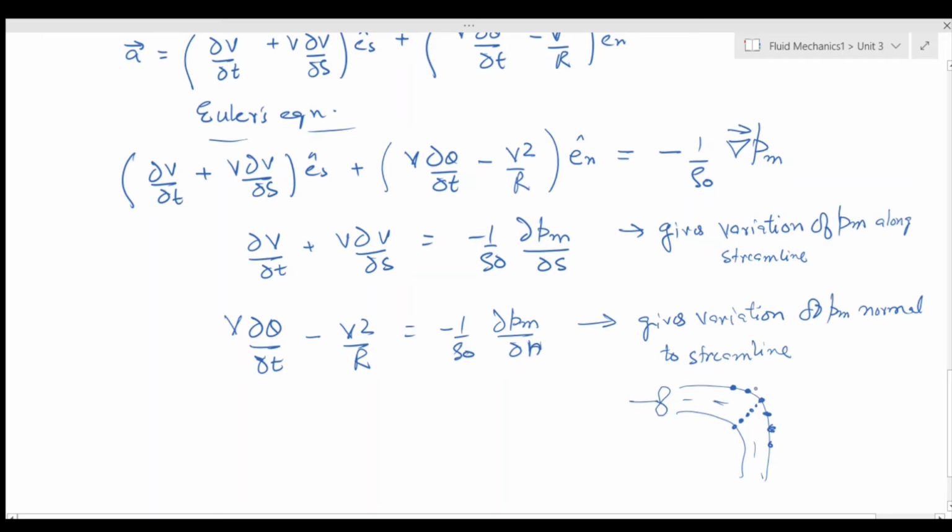And what you do is that these pressure tappings are attached to a manometer, and you take pressure readings. So the variation which you are getting along the circumference, that is based on this streamline equation.